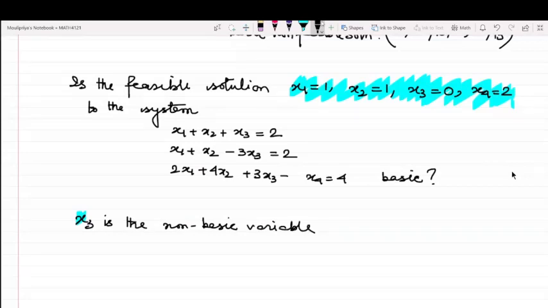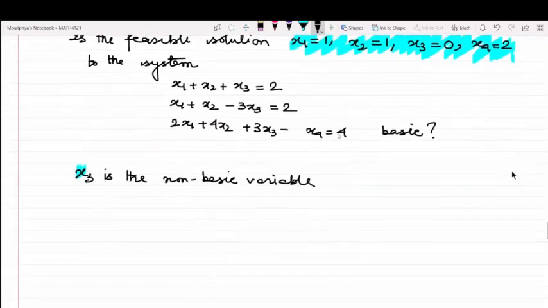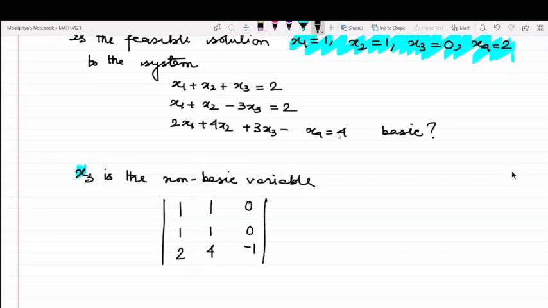That implies the solution is basic provided the determinant comprising the columns of x1, x2 and x4 is non-zero. Am I right? So we need to find out whether the coefficients of x1 column-wise, that is 1, 1, 2, of x2 column-wise, that is 1, 1, 4, and of x4 column-wise, that is 0, 0, minus 1, give a determinant not equal to 0.